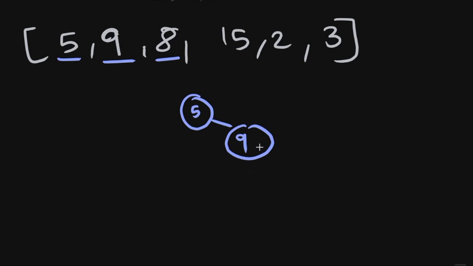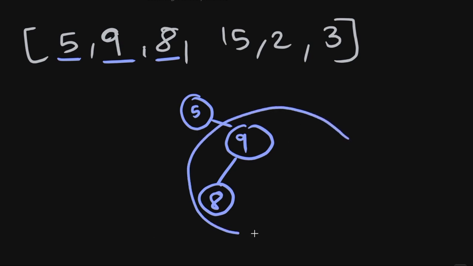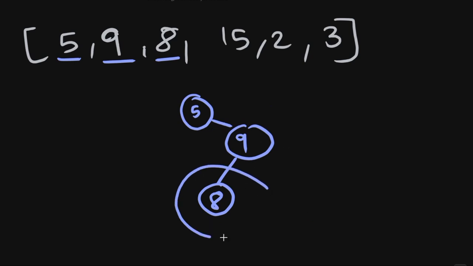Then there is a node there, so I will again check, is it greater than 9? No, it is less than 9. So it should be on the left of the 9. A binary search tree follows that the right part is greater: 9 and 8 are greater than 5. Yes. For 9, the left part is smaller. Yes, 8 is smaller.